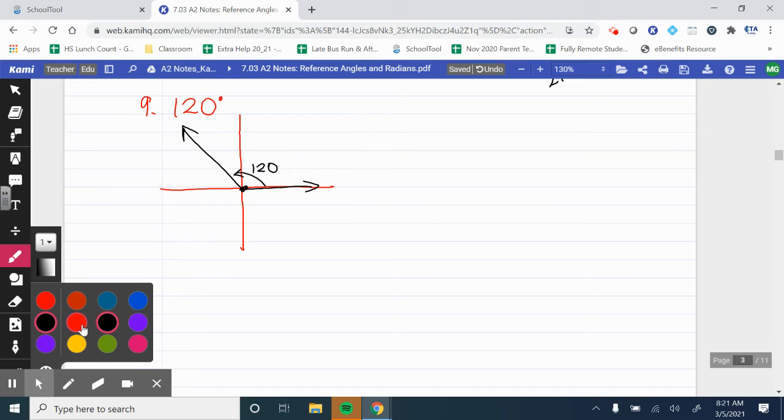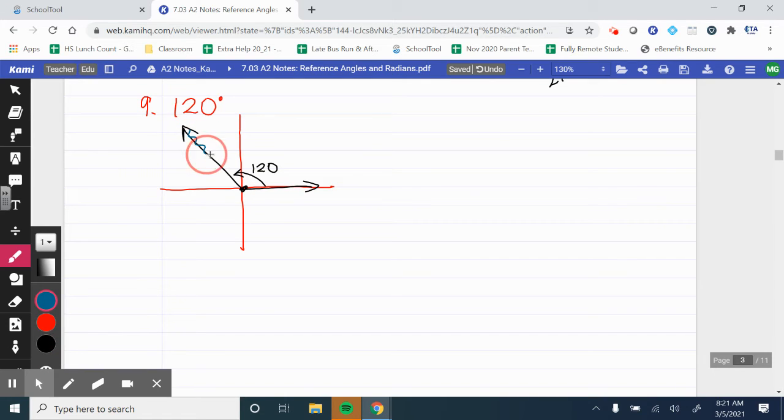And then we take a different color here, and I'm going to darken the terminal side and the part of the x-axis that's closest to it, which is the negative side. So this right here, that's the reference angle. It's got to be acute, it's got to be positive, and formed with the x-axis, not the y-axis, always the x. So how do I find what that blue angle is?